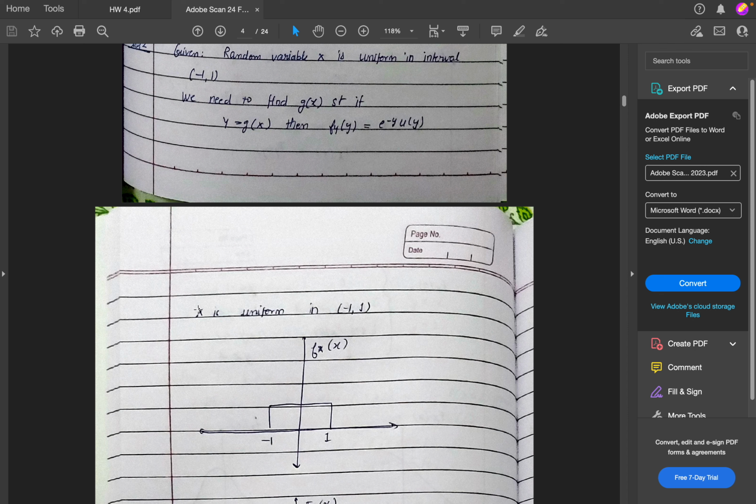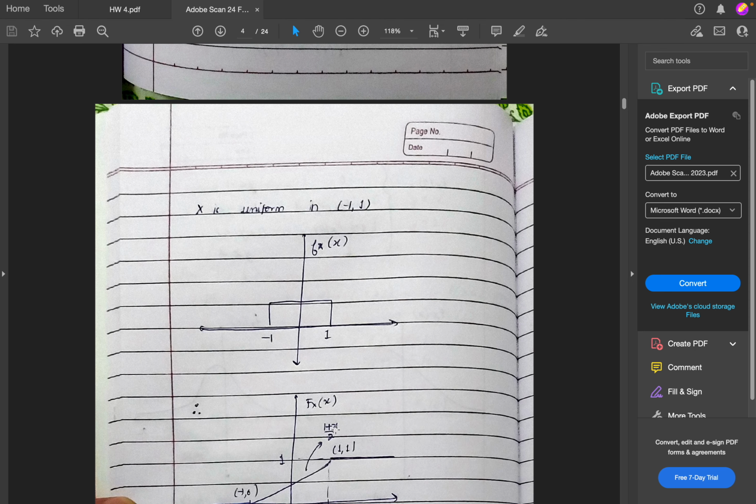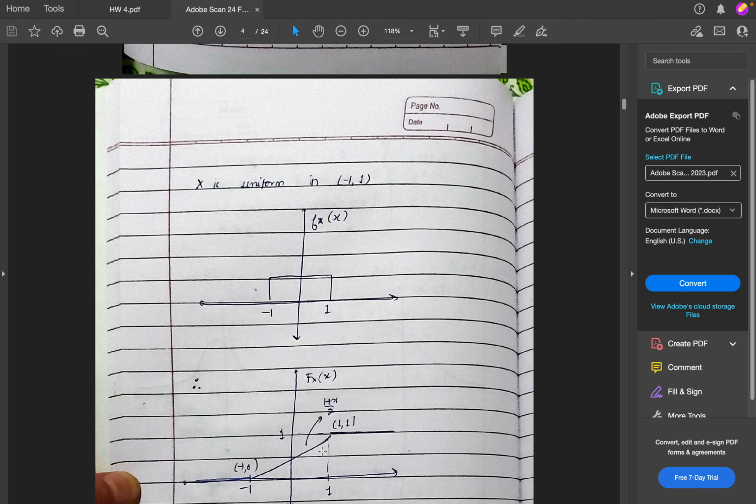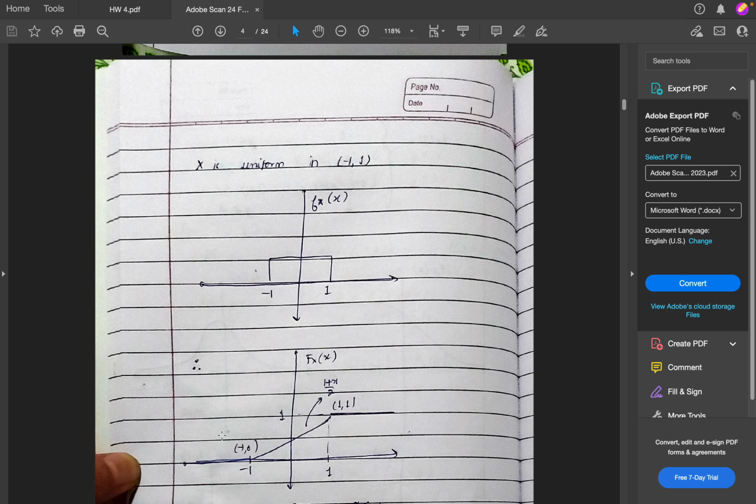Since we are given that x is uniform in the range of minus 1 to 1, first I have plotted f of x, which is uniform in the range of minus 1 to 1, and the CDF of x, which is the big F of x, can be plotted as follows.